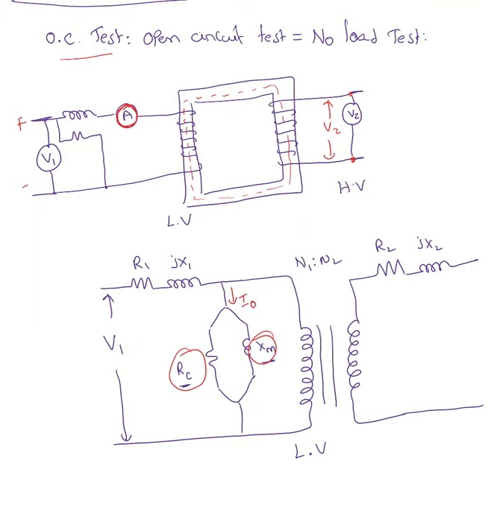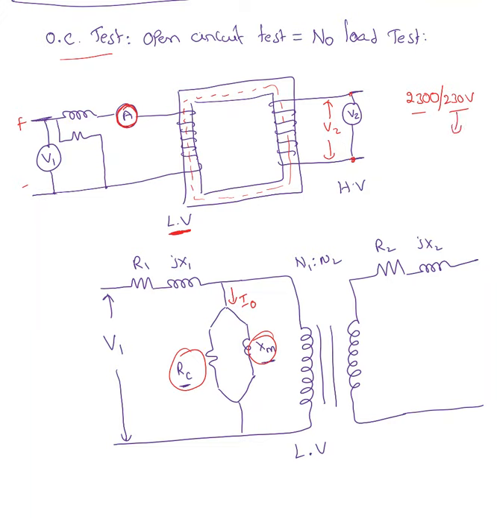Now whenever we do the OC test, we always do it on the LV side, not on the HV side. LV is the low voltage side. If you look at the previous example, I have 2300 by 230 volts. So we always do the open circuit test on the LV side.